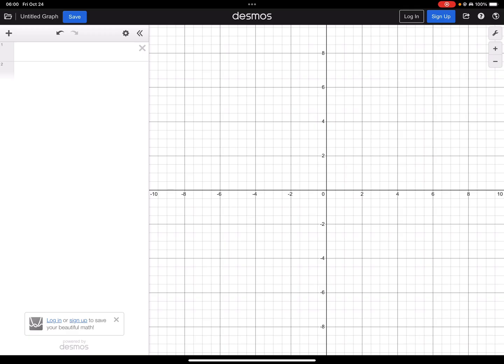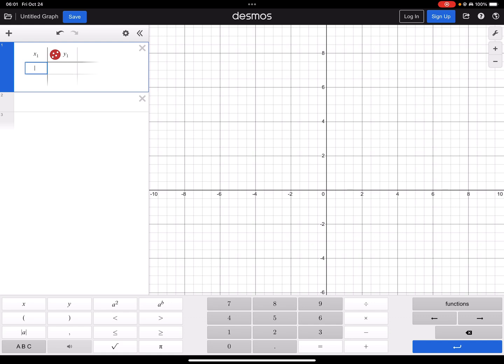So to do a regression on Desmos, you're going to hit this plus sign in the top left corner, and then you're going to select Table. And you're going to enter your data as it is on your paper. So go ahead and enter that as I enter it.